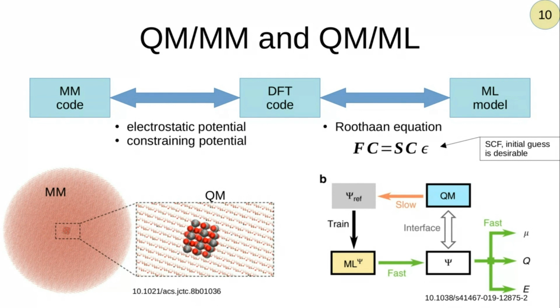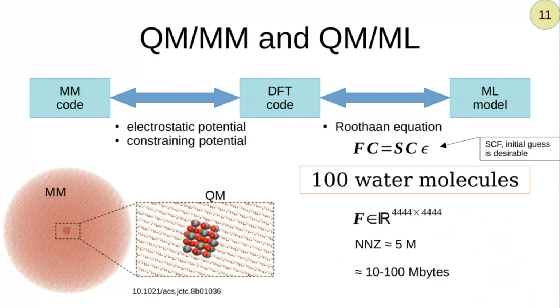But there is a significant challenge with application of such models in practice, and it is due to scalability of the data that you have to transfer between the machine learning model, or the code that essentially implements this machine learning model, and the DFT code.